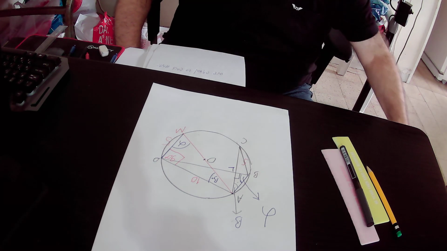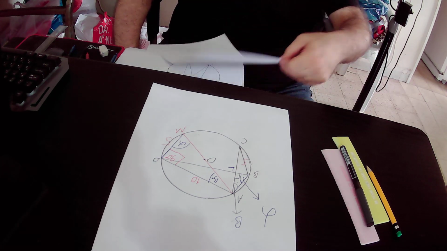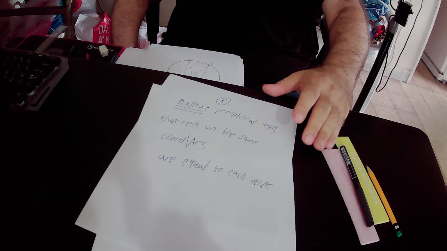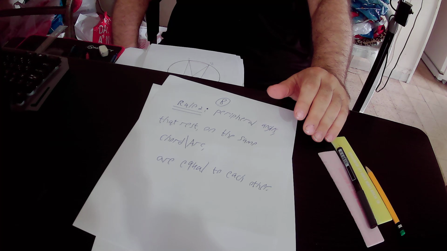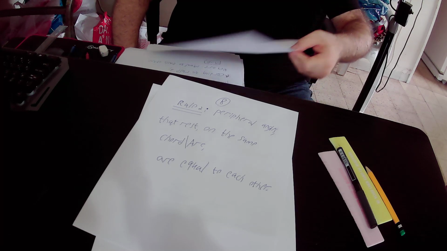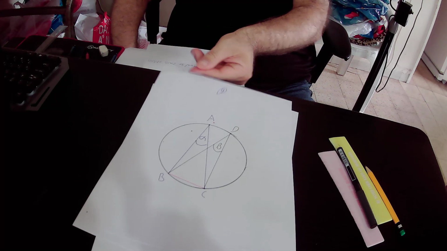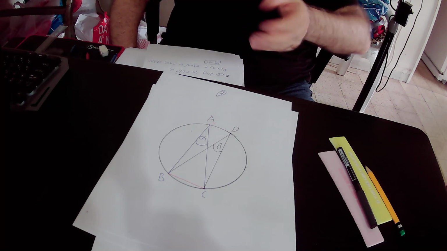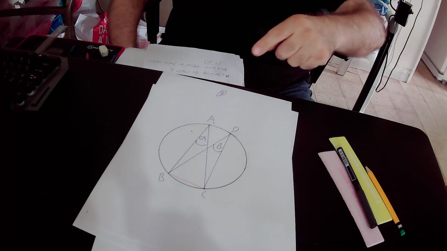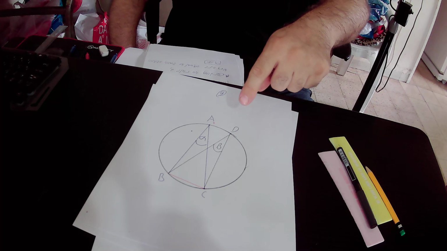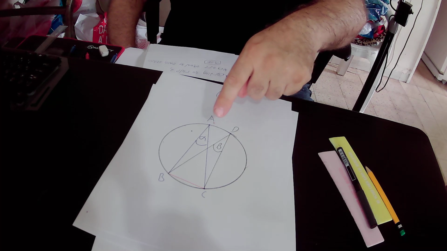And we have rule number 2, which states that peripheral angles that rest on the same chord or the same arc are equal to each other. So if we have two peripheral angles, alpha and beta, that both rest on the same chord, as you can see from the drawing, both angles rest on chord BC.